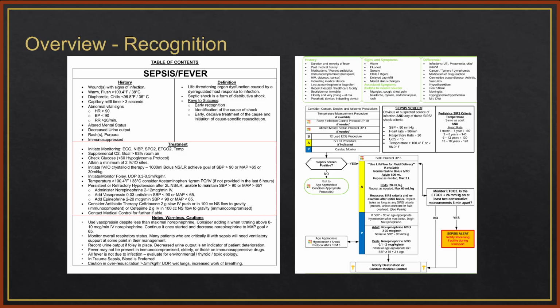So I will just say, do what your rank can handle. If you guys have specific criteria on what you're supposed to be calling sepsis, go with that. And then we will talk about treatment stuff here in a minute. But this is kind of just an overall arching view.